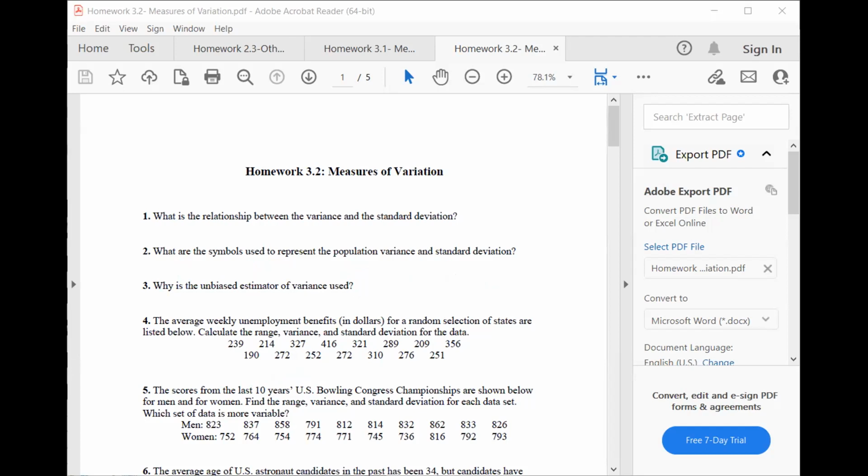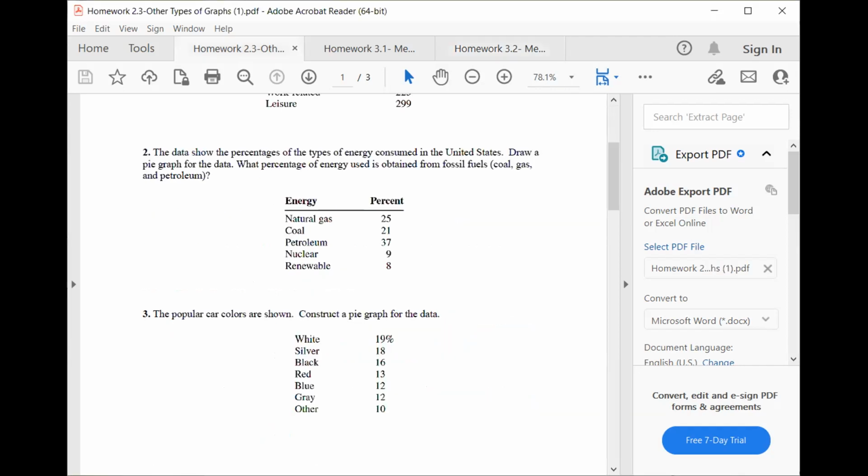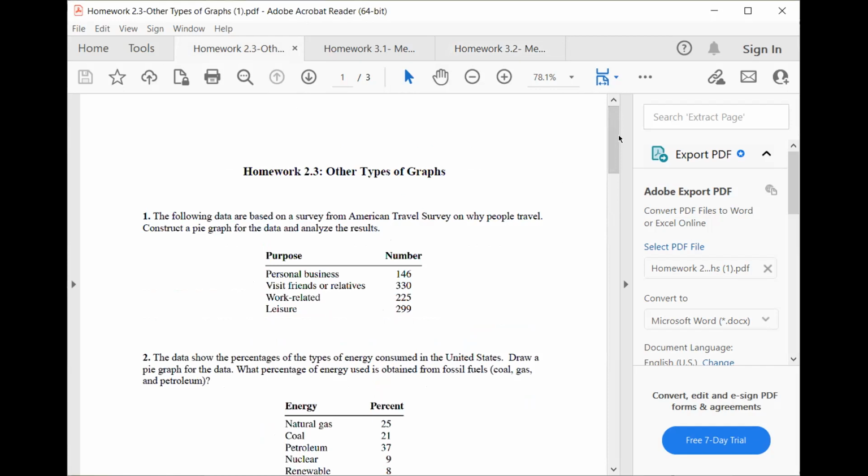Let's go back to it, because what I did was the number and the percentage. Oh, you want to see? Okay, 2.3. All right, let's take a look here. You want to see if you got the percentages correct for that. Okay, what did you get for your total?